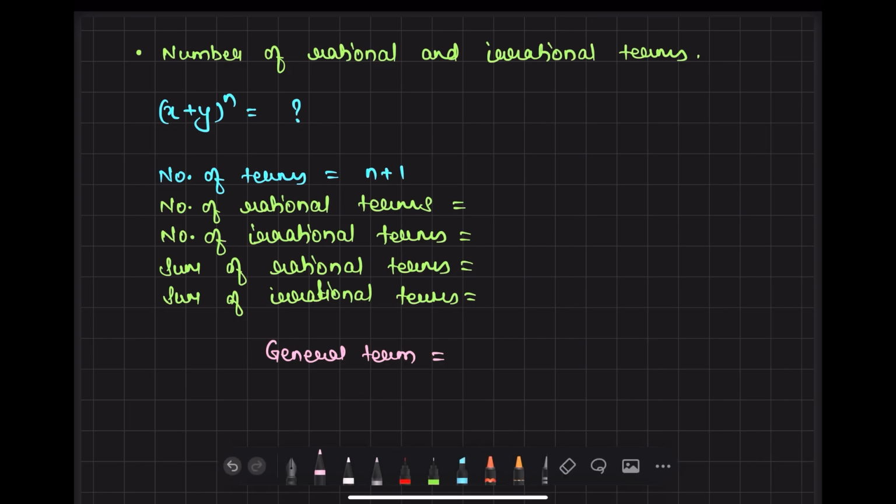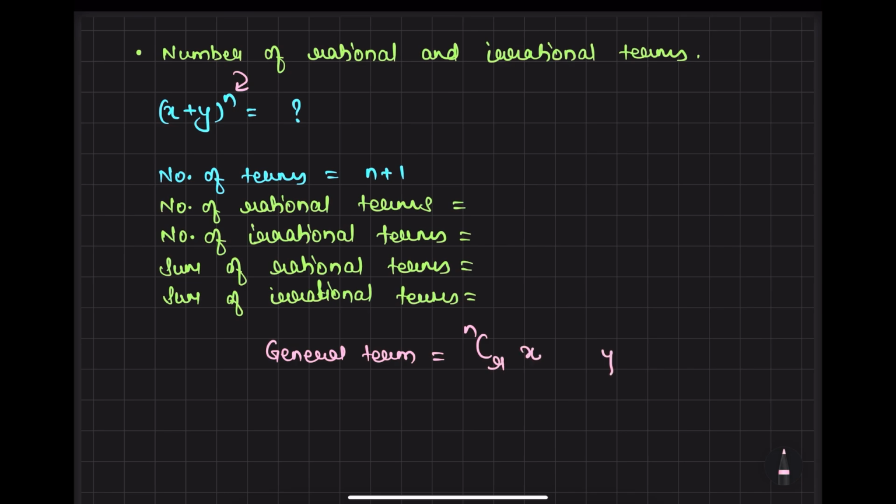We will approach directly. You know that the power is n, so the general term will start with nCr, then x, then y. We can put y to the power r and x to the power n minus r.